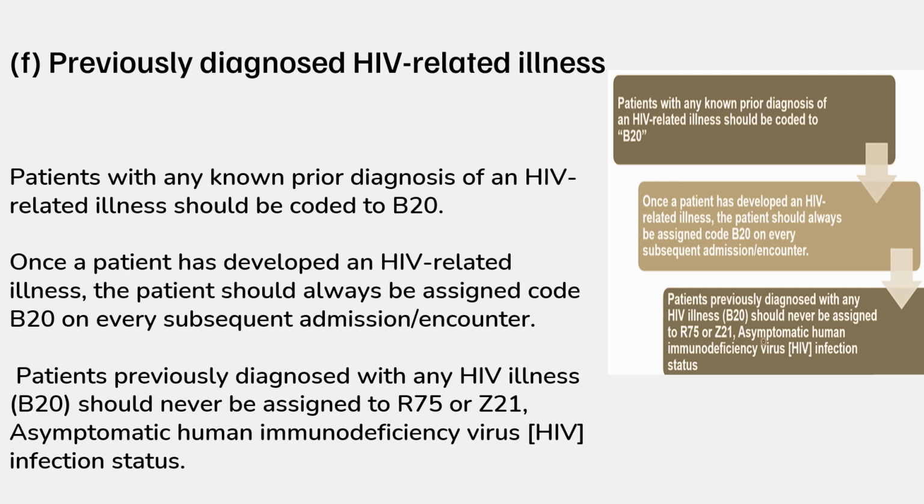So if the HIV disease has developed in the patient, we give him the permanent diagnosis of B20, and then we cannot go back to Z21, and neither can we give R75. We will always maintain B20 for that patient henceforth.